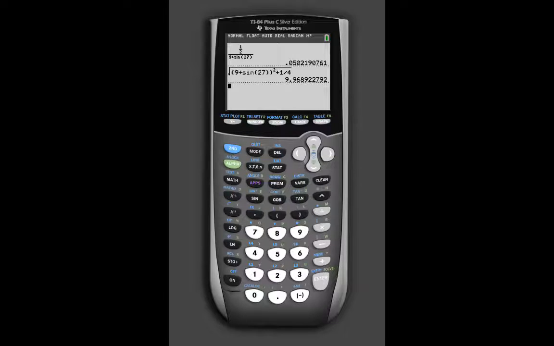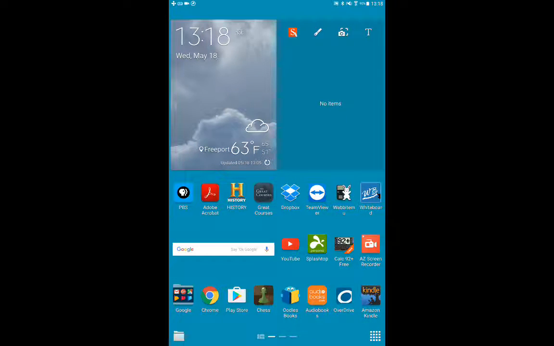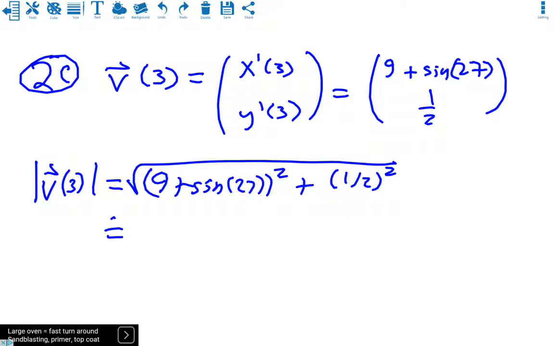And you get 9.969-ish. There are no units here, so don't worry about that. So we get approximately 9.969 units, feet per second or something, whatever it is.